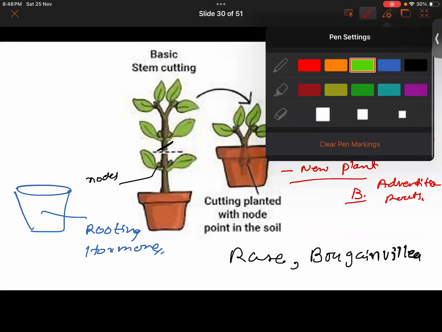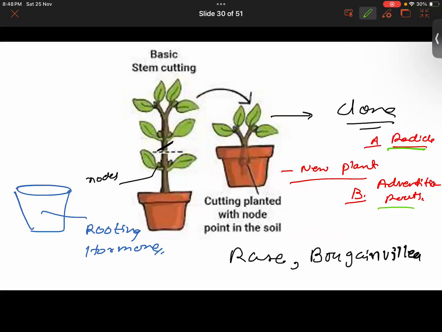The question here is about this new plant that I am growing. Have the roots of this plant developed from the radical, or are they a type of adventitious roots? When I cut a portion of this plant and plant the stem into a pot, there will obviously be development of roots.